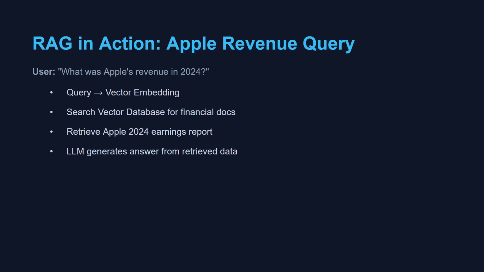The query is converted into a vector embedding, and then it searches the vector database for financial docs. Then it will retrieve Apple's 2024 earnings report, and the LLM will understand the report and generate the answer from the retrieved data.